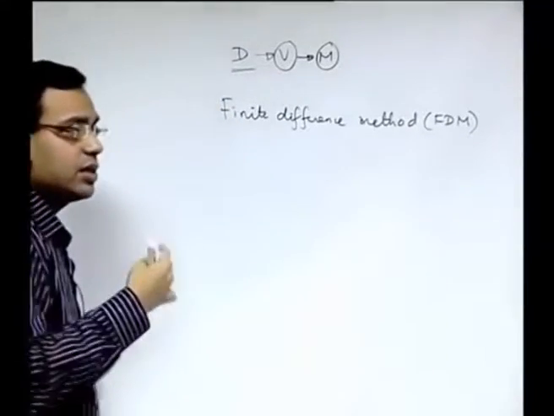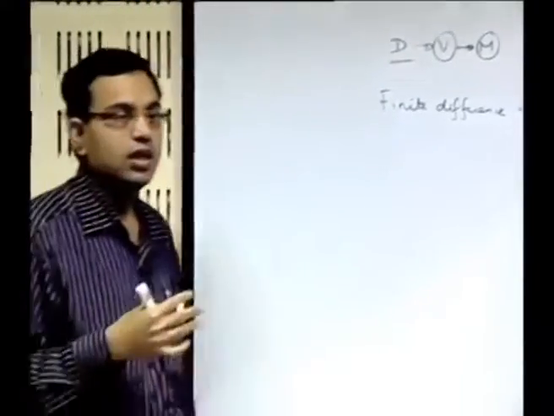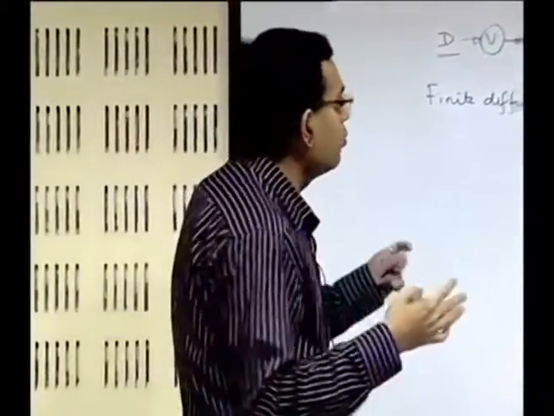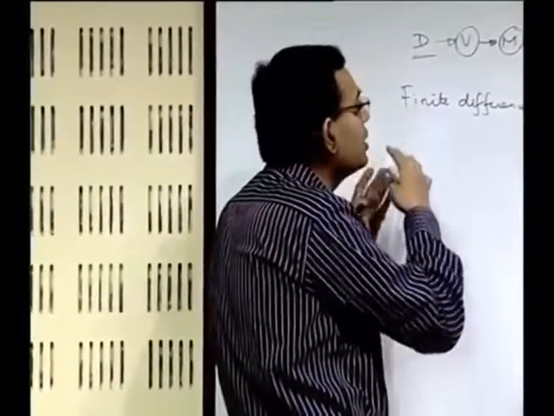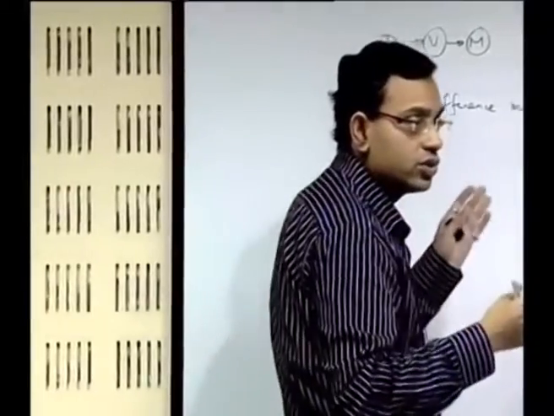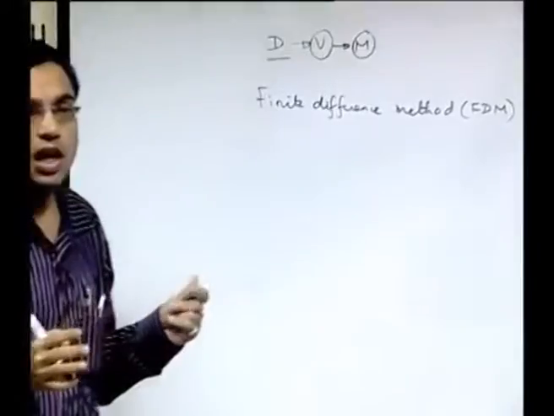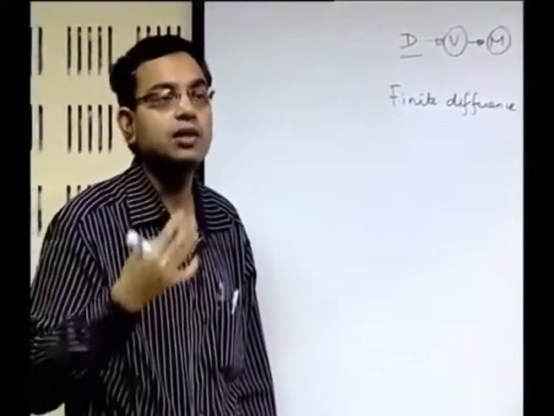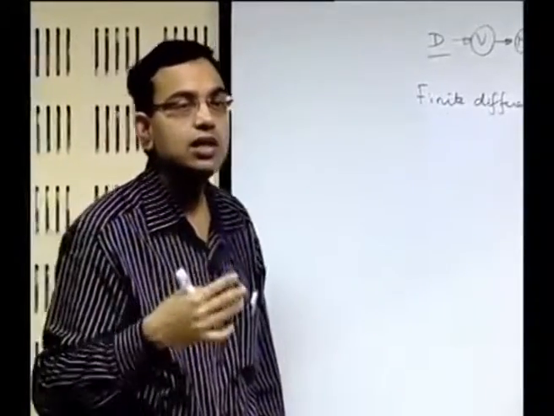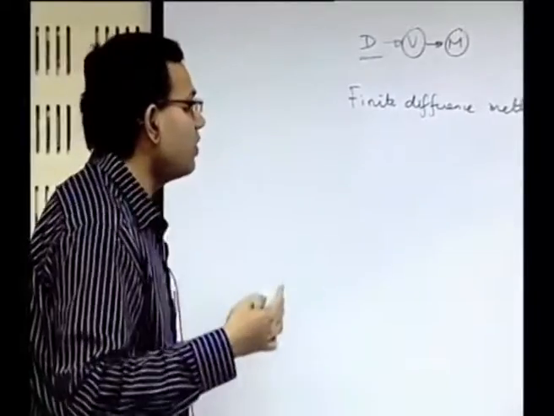So, what is the basic philosophy of the finite difference method? What we do is, in the governing differential equation we manipulate with the governing differential equation directly rather than through its V form or M form. So, we use the D form. In the D form there are expressions for derivatives, and we express the derivatives in terms of suitable algebraic differences by using the Taylor series expansion. That is the basic philosophy of the finite difference method.